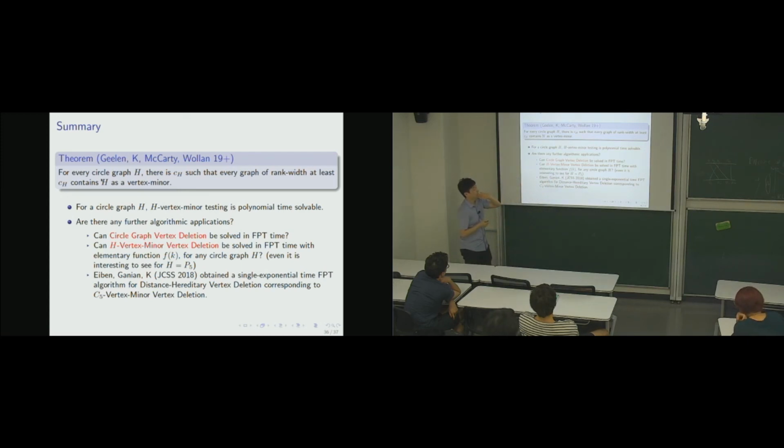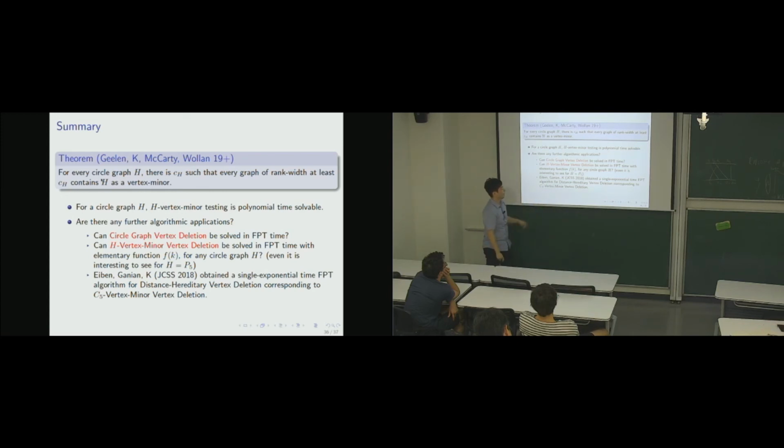So in that case, if H is planar, then H-minor deletion can be solved in single exponential time. So can you obtain something similar here, like for every circle graph? I think just an FPT algorithm can be obtained by monadic second-order logic, but can you obtain one with an elementary function here? I didn't even try any small graphs like C5 or something.